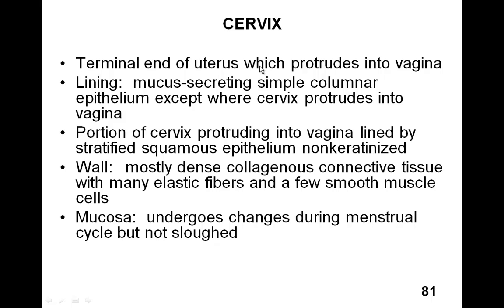And as I pointed out earlier, the mucosa of the cervix is not going to undergo changes in the menstrual cycle that lead to detachment. The lining of the cervix remains intact. It doesn't slough away.